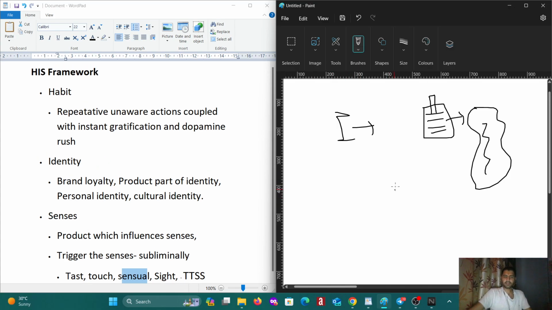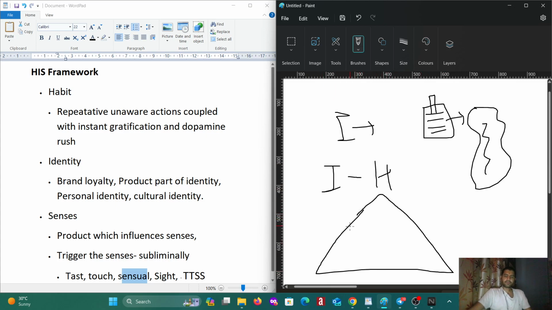Now, if I use identity with habit formation, this is how community building works.